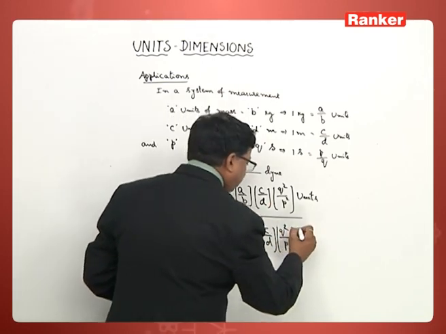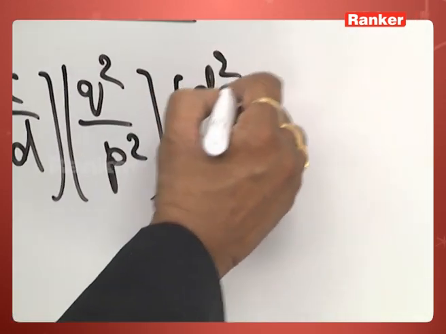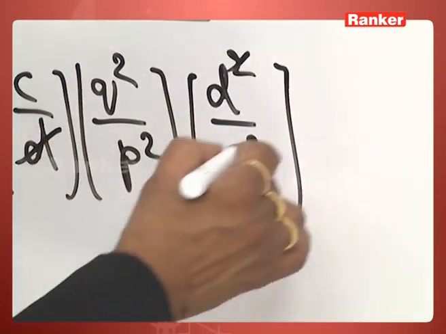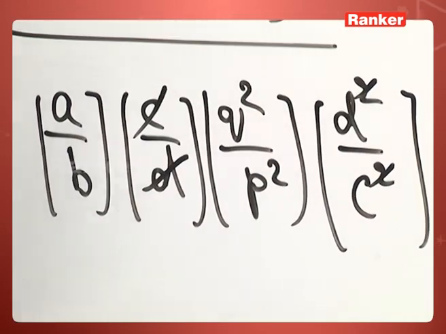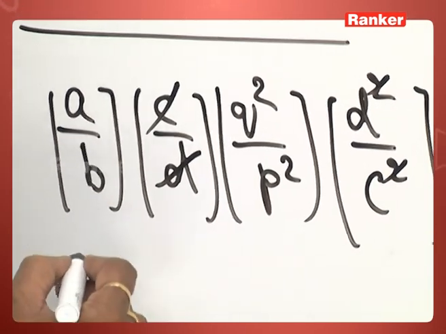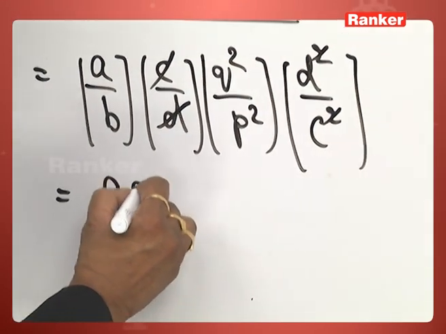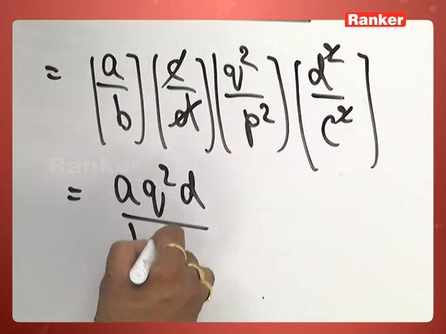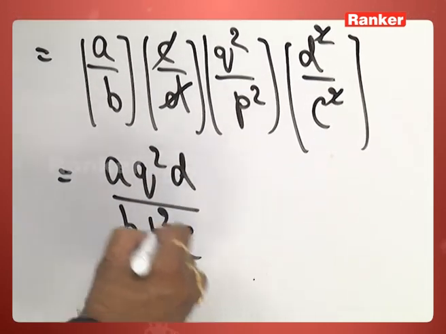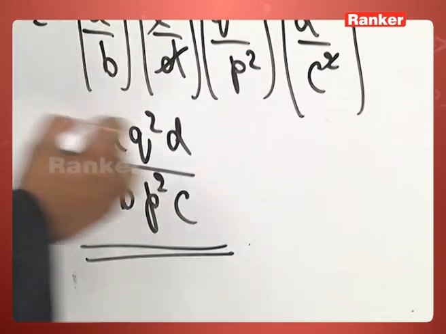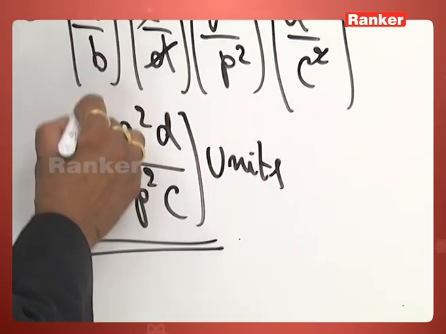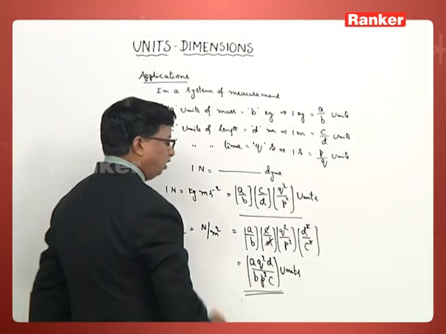I can bring that to the numerator, writing D square by C square here. One D gets cancelled, one C gets cancelled. What is left over? You check it: it is A Q square D by B P square C. That is so many units, and that is the value of 1 Pascal.